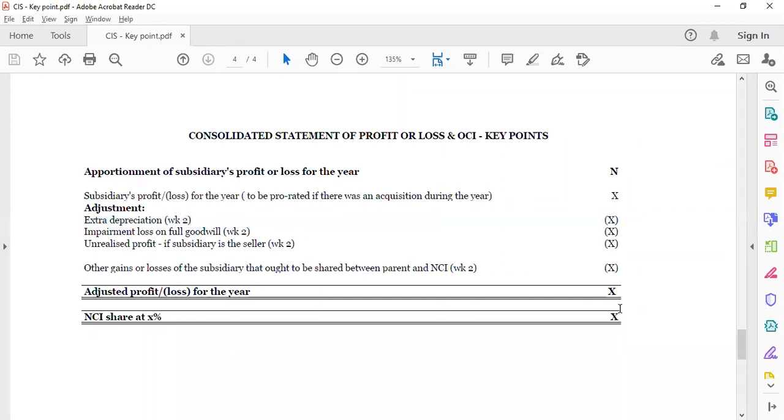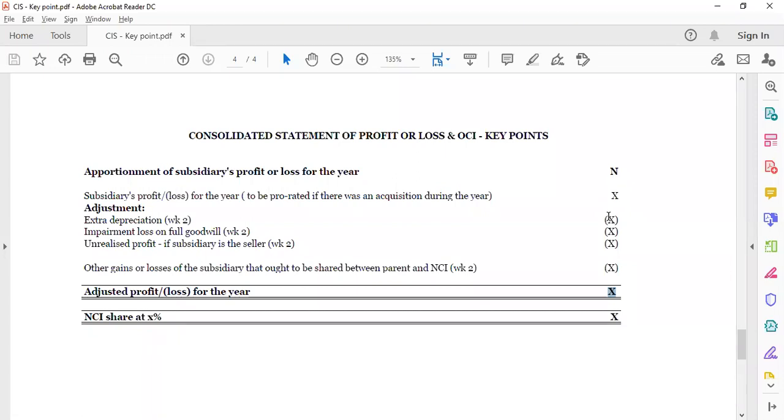And thereof, NCI will take its share, and parents will also take its share. This tends to be tricky, but it's quite simple. When we start illustrating, you'll see it for yourself. So once you're able to conclude on this fourth aspect, then you are home and dry. The question is done. You earn your free marks.